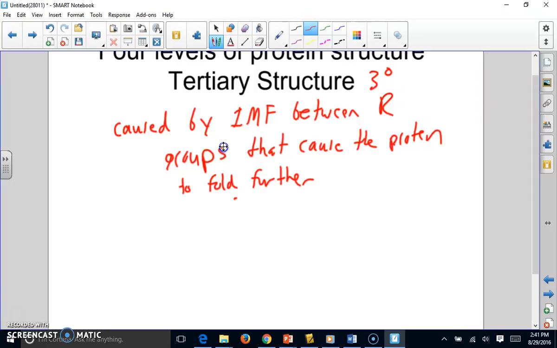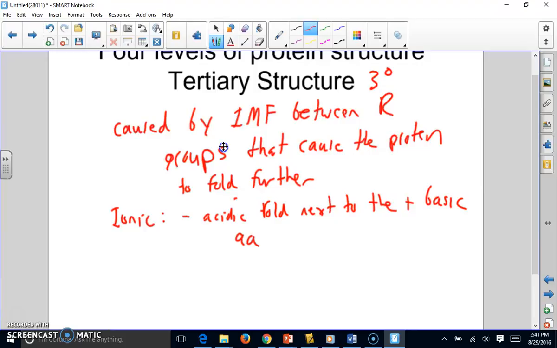One of the most important interactions involved is called ionic interactions. In an ionic interaction, the negatively charged or acidic amino acids, the ones with the acidic R group, fold next to the positive or basic amino acids, and that neutralizes the charge. That makes the protein more stable.